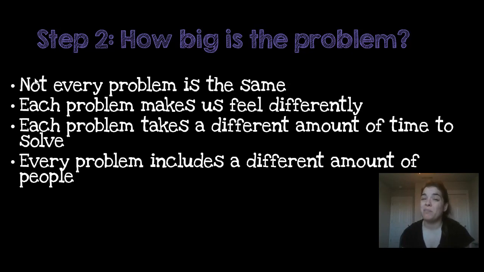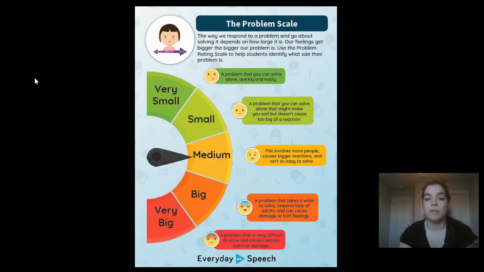Now, how many people are in a problem if there are two of your friends and they're talking and they're looking at you and you're over and seeing them talk? How many people are in that problem? There are 3 people in that problem. They're your 2 friends, and then there's you. That's 3 people, all in that problem. When we're looking at how big a problem is, we can think about it like a scale.